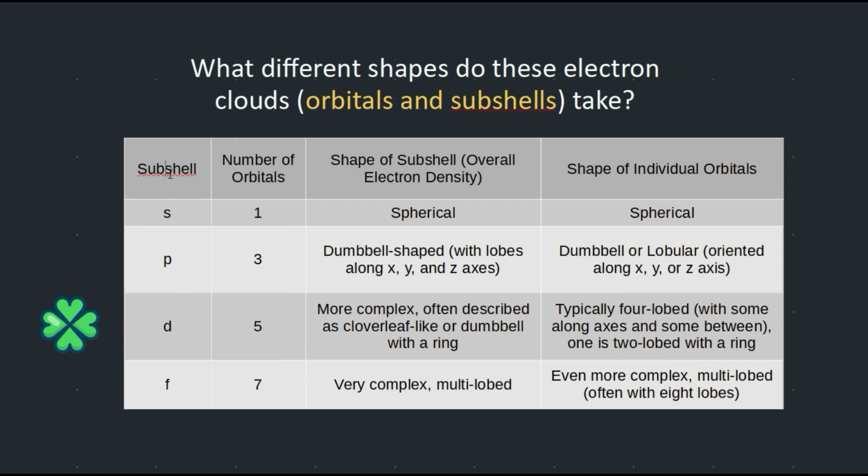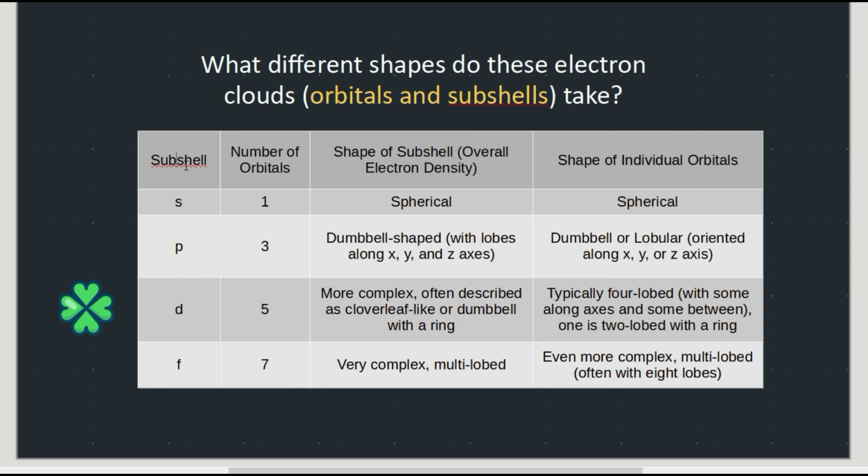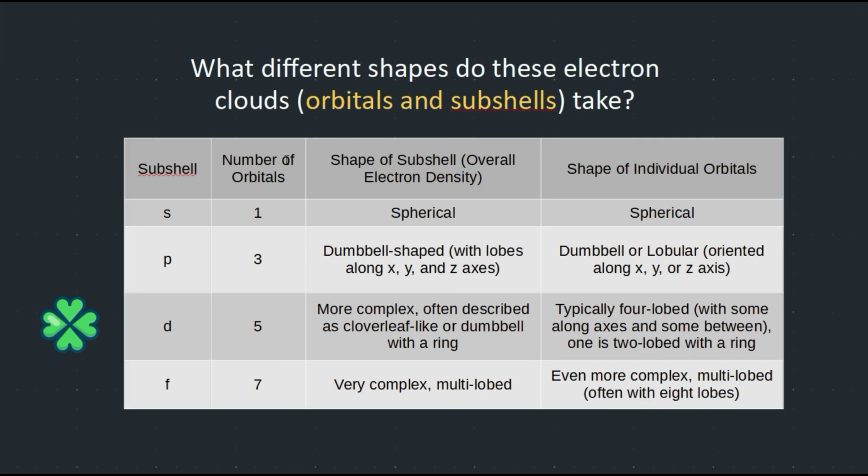Now, I mentioned that a subshell is made up of a number of orbitals, is it not? Many orbitals combine to form a subshell. So the S subshell is made up of 1 orbital, P is made up of 3, D is made up of 5, and F is made up of 7. That's something that you have to remember. Everything else you guys can read and have in mind.